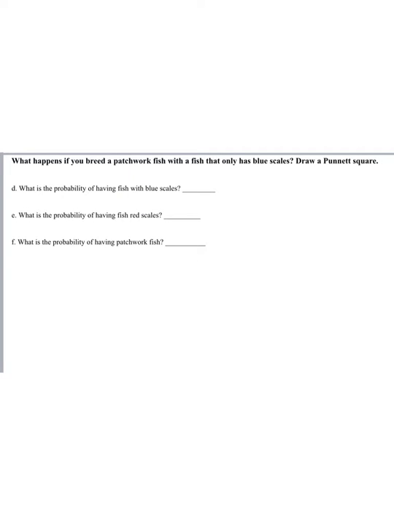The next question says, what would happen if you breed a patchwork fish? And I think this is where some of us that are struggling are making a mistake. We have to know that one of them is a patchwork, and then we're going to cross that with one that has only blue scales.